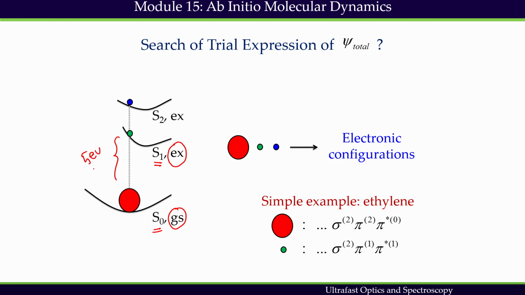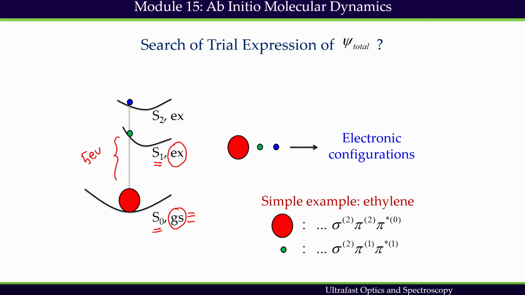If they are well separated, and the system is in the ground state, then one can easily assume that the total electronic wave function adopts mostly a single electronic configuration.